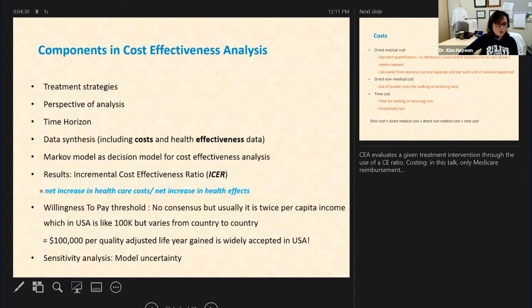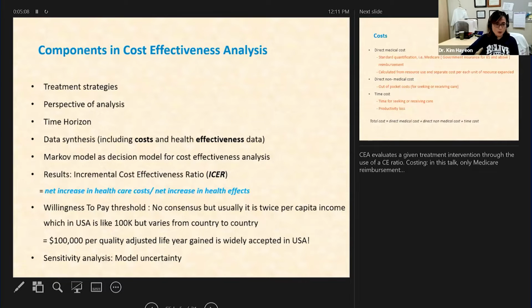In the USA, we normally use $100,000 per quality adjusted life year gained, because conventionally cost effectiveness comes with twice the per capita income. In the USA, it's about 100K. That's why. So if our result is less than $100,000 per QALY, that means this strategy or intervention is worthwhile to try from an economic standpoint.